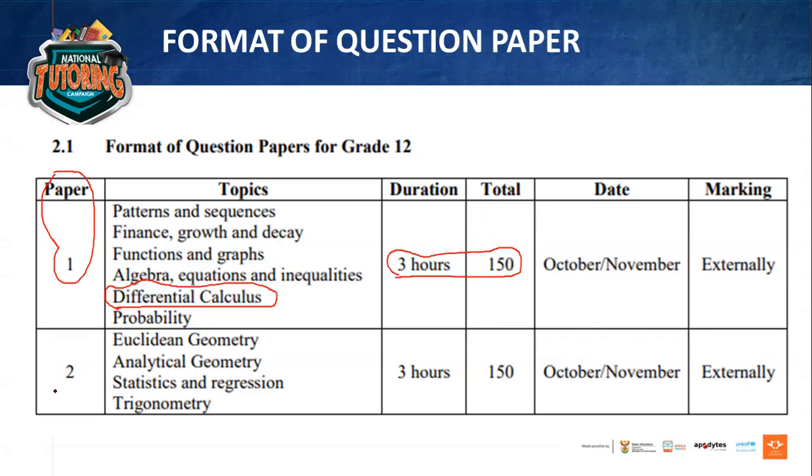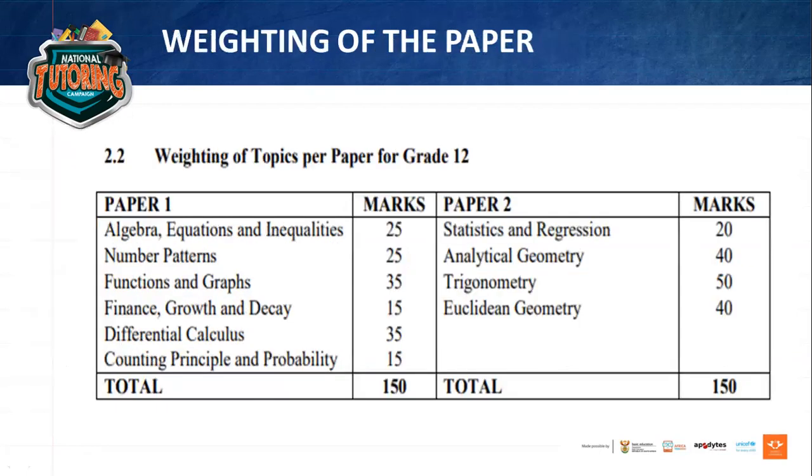In our final paper, even now during the trial examination, let's see how much this topic can give us. Under the weightings of the paper, we can look at differential calculus. In differential calculus, you can be given about 35 marks.